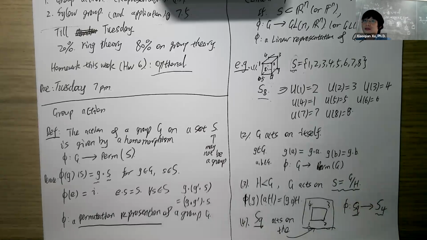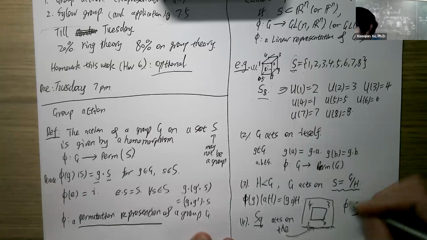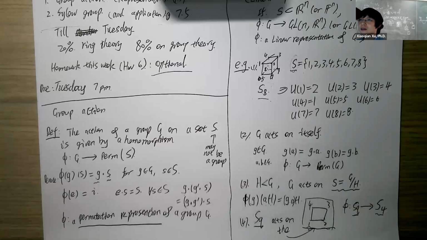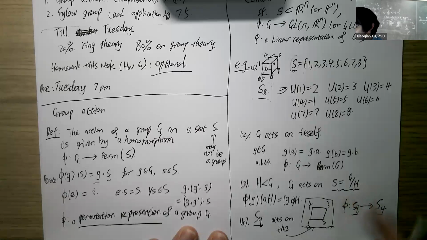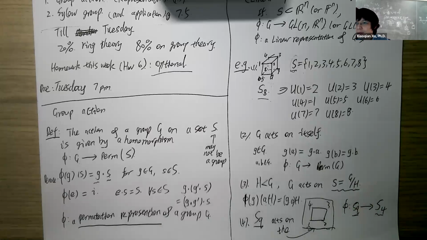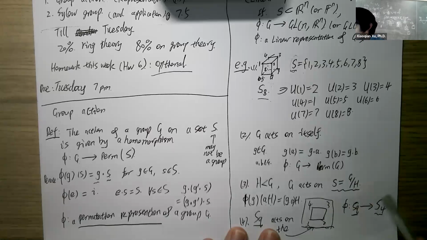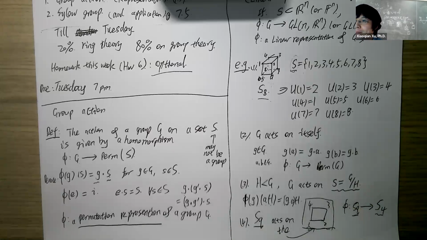You cannot find the corresponding things in S_Q. So what we are thinking when we talk about group action is you try to embed your group into something you are familiar with, which is a permutation group, so that it is easier for us to understand.